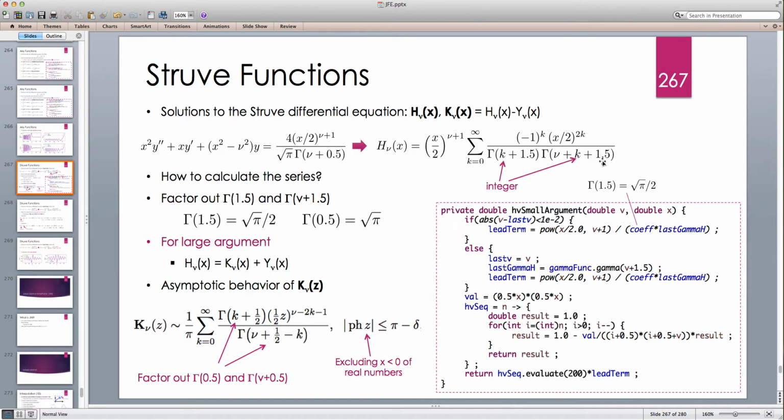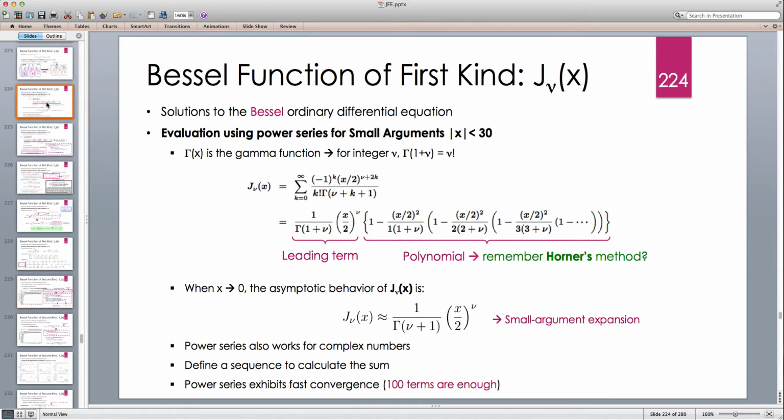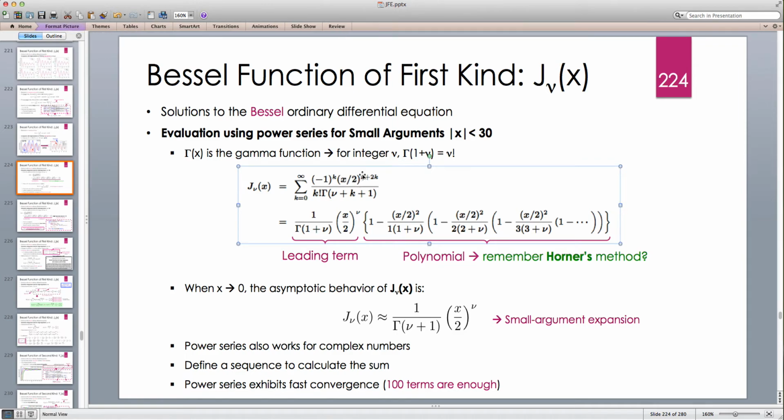We factor these out and then construct the series, the evaluation, recursively, exactly like what we did with the Bessel functions. Where was the Bessel? Here. So in this series, we factor out the lead term x over 2 to the power of nu, and then we factor out gamma of nu plus 1, and then we recursively construct the remaining terms, including the factorials.